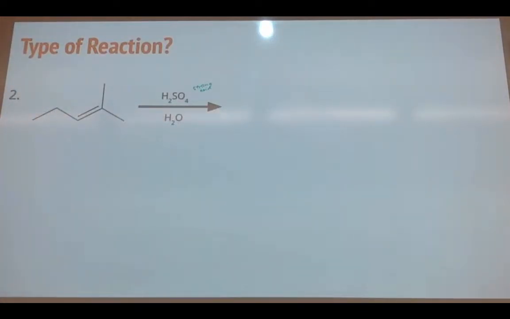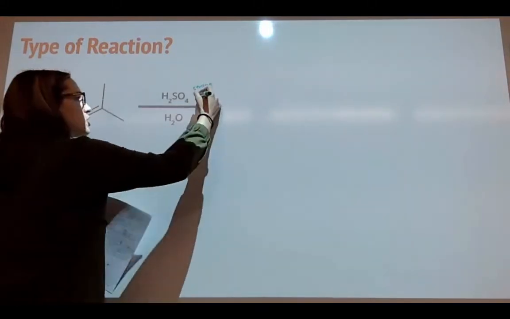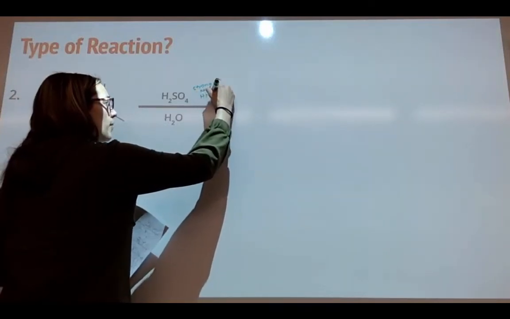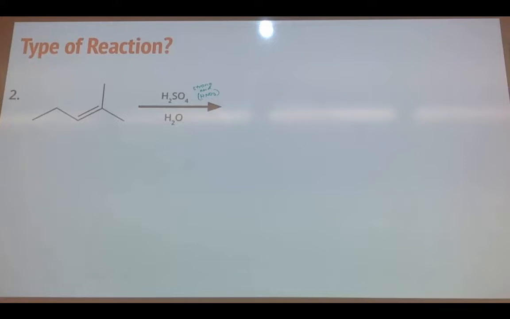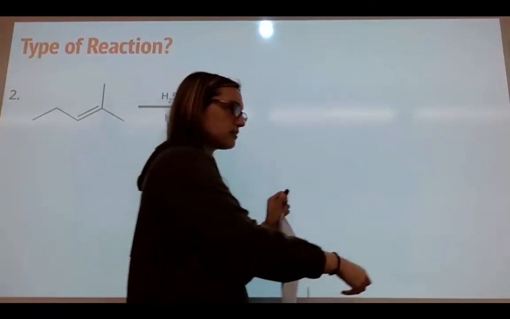So it cannot be HCl, it cannot be HBr, cannot be HI, because then you're getting into a different type of alkene reaction. So for this, we typically see H2SO4, or we might see HNO3. Those are usually the two that we see with this type of reaction. So we have an acid, and we have water.